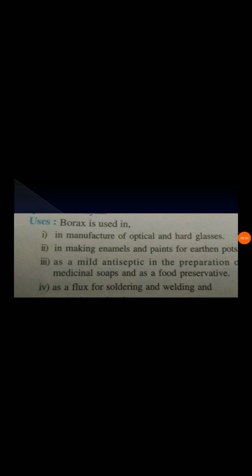So mild antiseptic, and medicinal soap manufacturing, and it is also a food preservative, used for food storage.